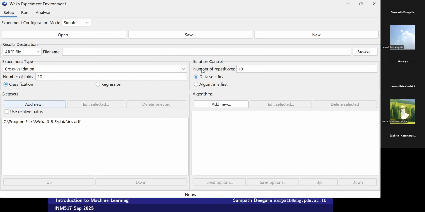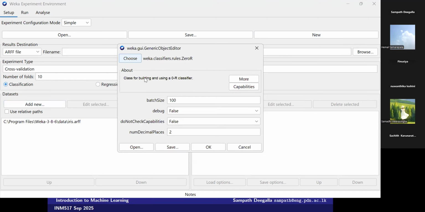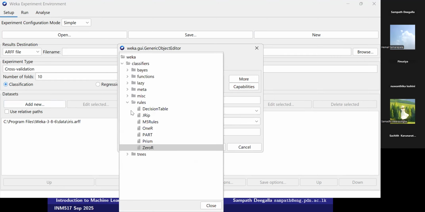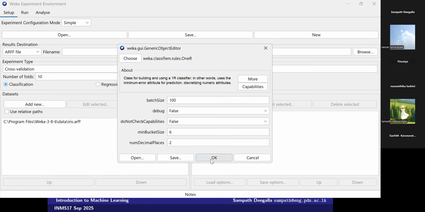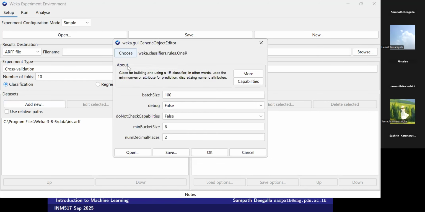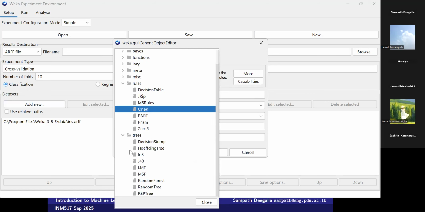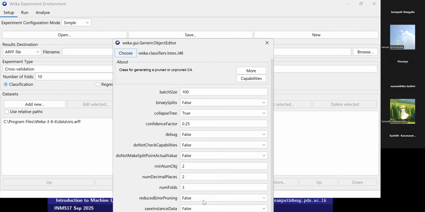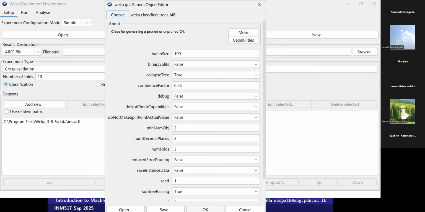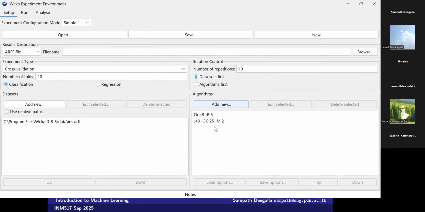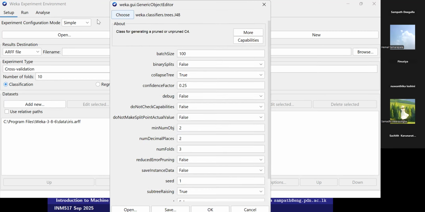Next, I can apply several algorithms. Let me start by choosing 1R, the simplest one. Then a decision tree. I'm not going to change any of the parameters; I will talk about these parameters later on.